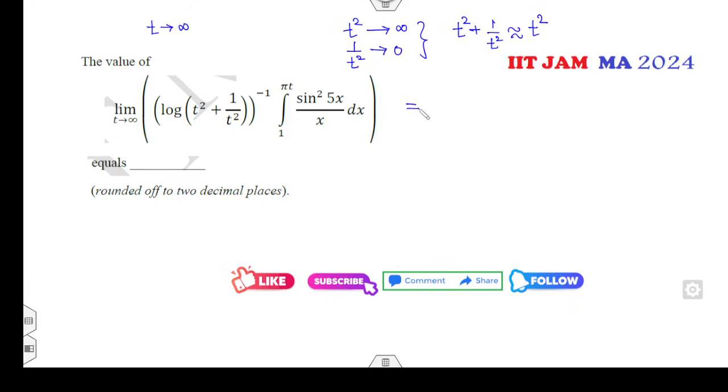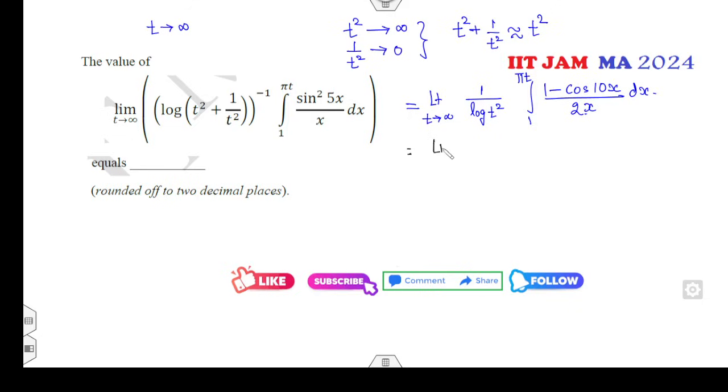So I can write the first expression, limit t approaches infinity, as log of t square, integration from 1 to pi of t, and I can replace cos square with 1 minus cos of 2x divided by 2. What is the value of sine square a? 1 minus cos 2x divided by 2.